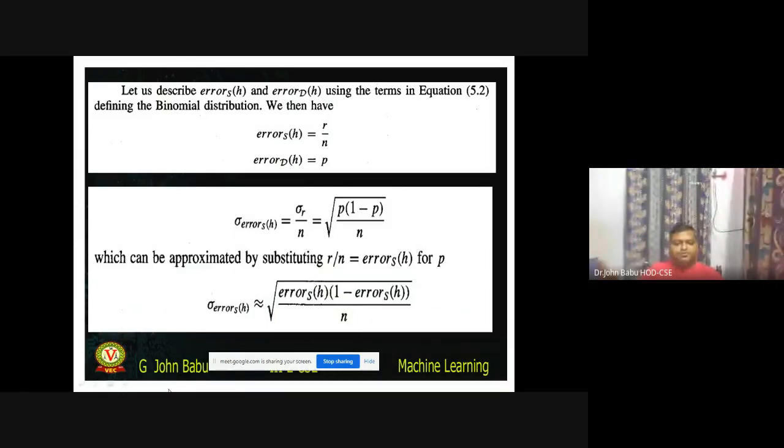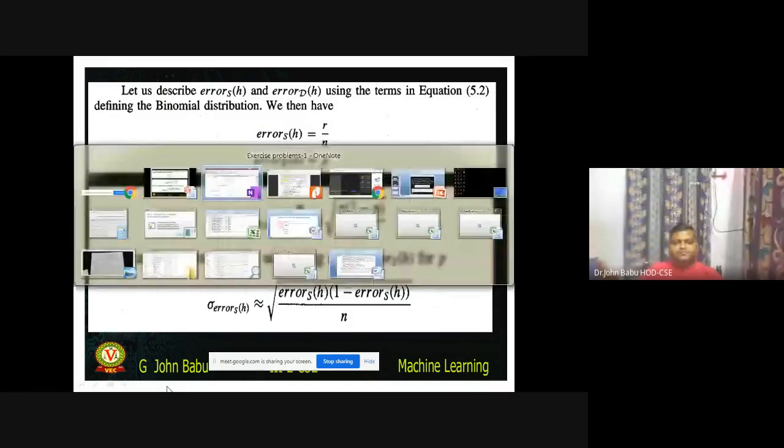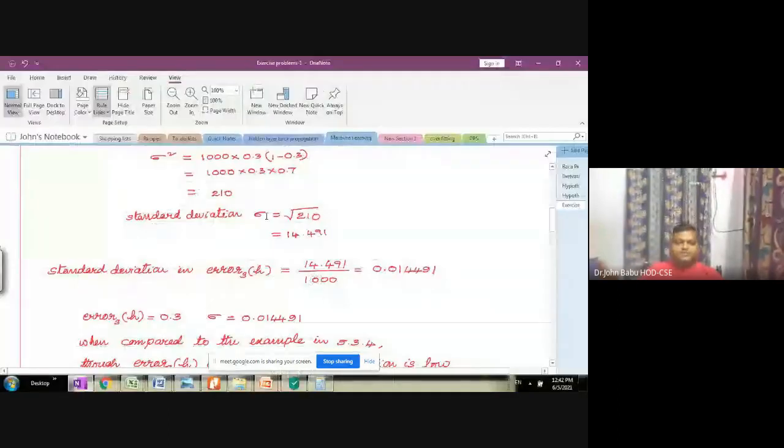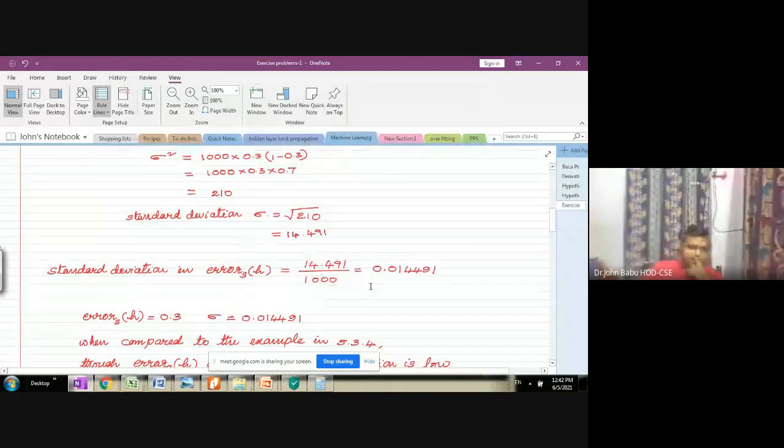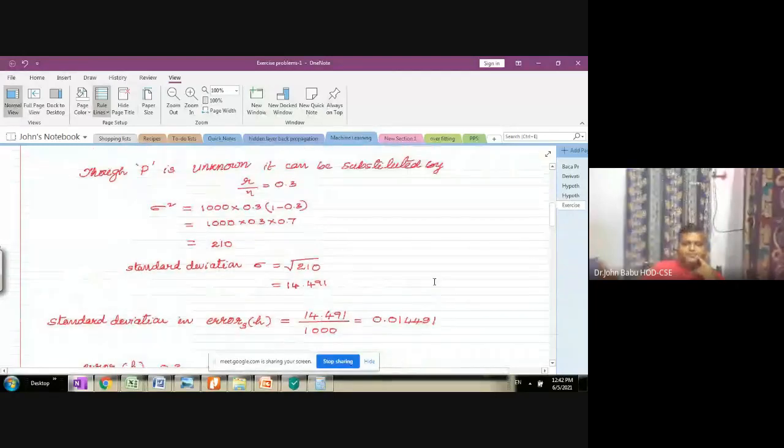So in the previous problem, we calculated this sigma r, error standard deviation, as 14.491 by 1000, that is equal to 0.01441. That is the standard deviation in the sample.